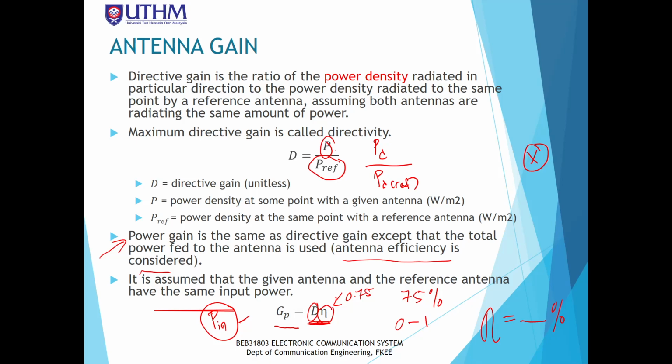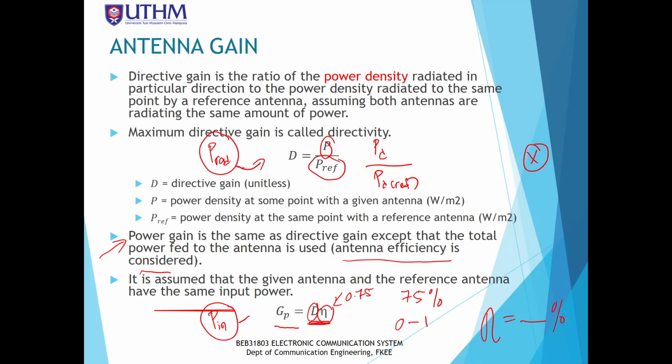Manakala untuk directivity gain, we use the power radiation, P radiation, that we pair with the directivity gain. Remember, later you're going to see that when we want to calculate the EIRP parameters, we're going to pair this P radiation with the directivity gain.